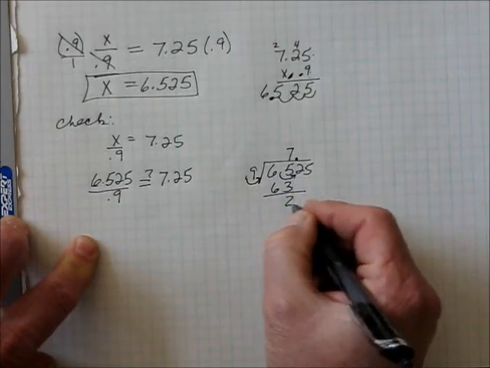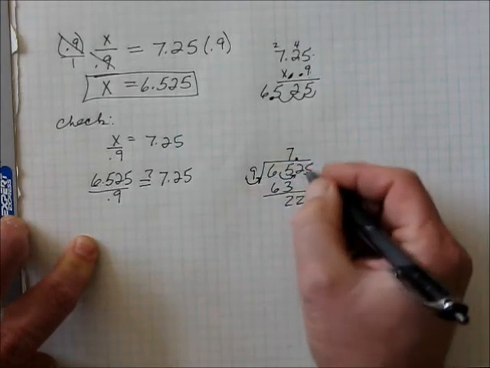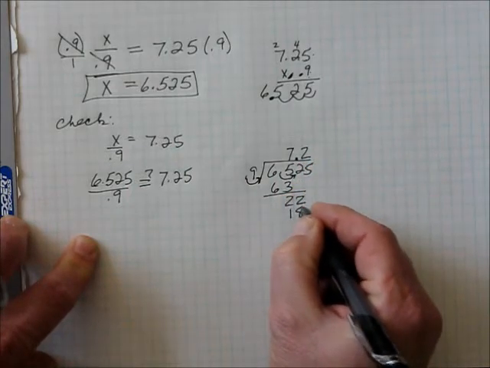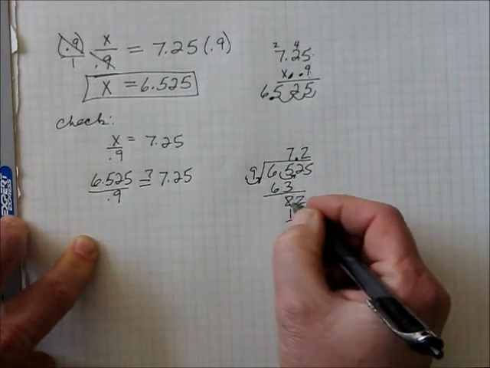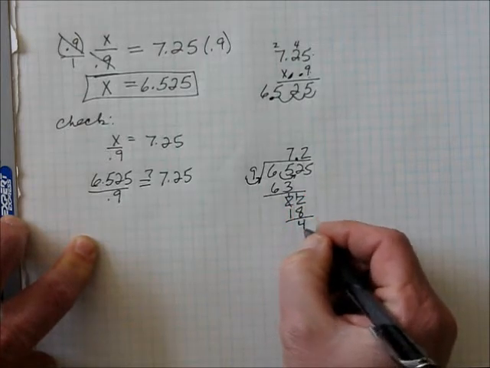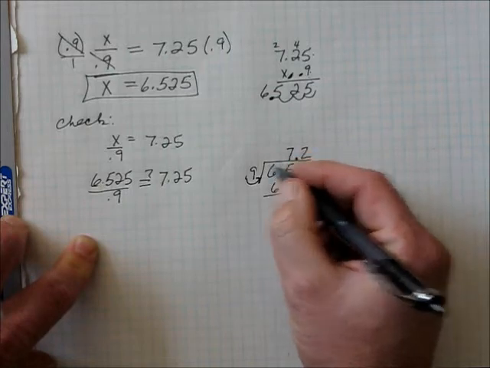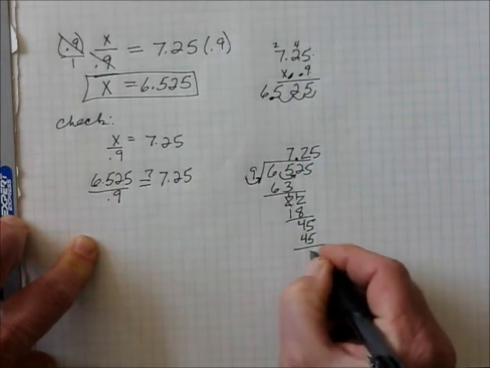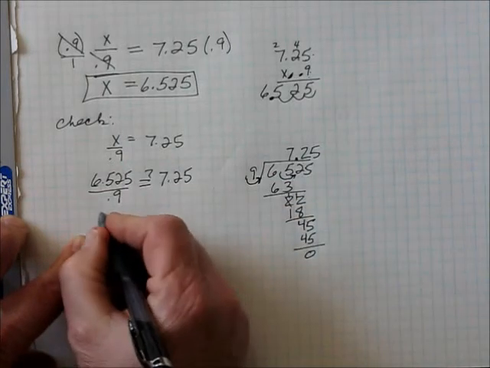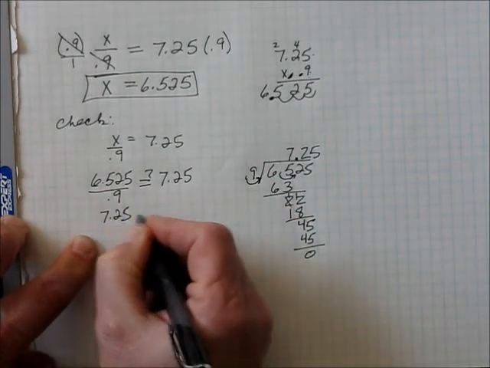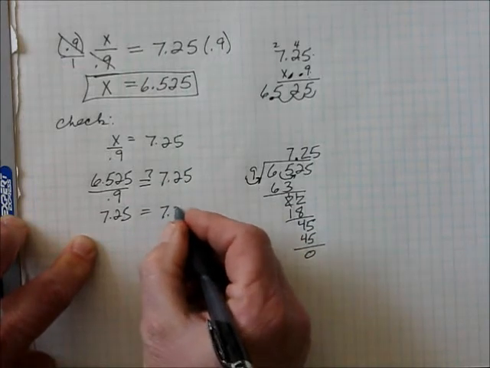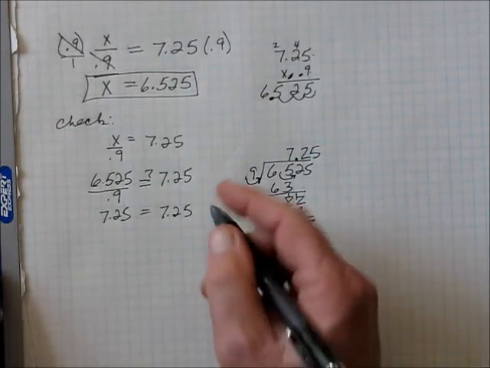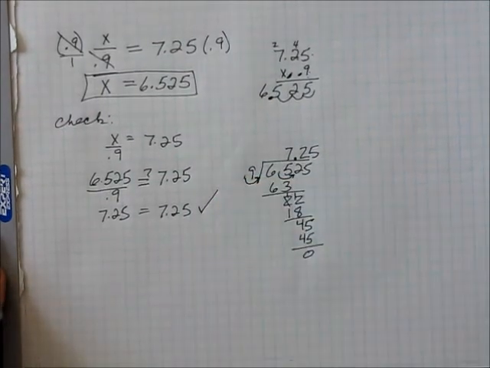I get a 2 there, bring down the other 2. 9 goes into 22 2 times for 18, and that gives me a 4 there and a 5 there. 5 times 9 is 45, and I get a remainder of 0. So on this side I get 7.25, and on this side I have 7.25. 7.25 is equal to 7.25, so it checks.